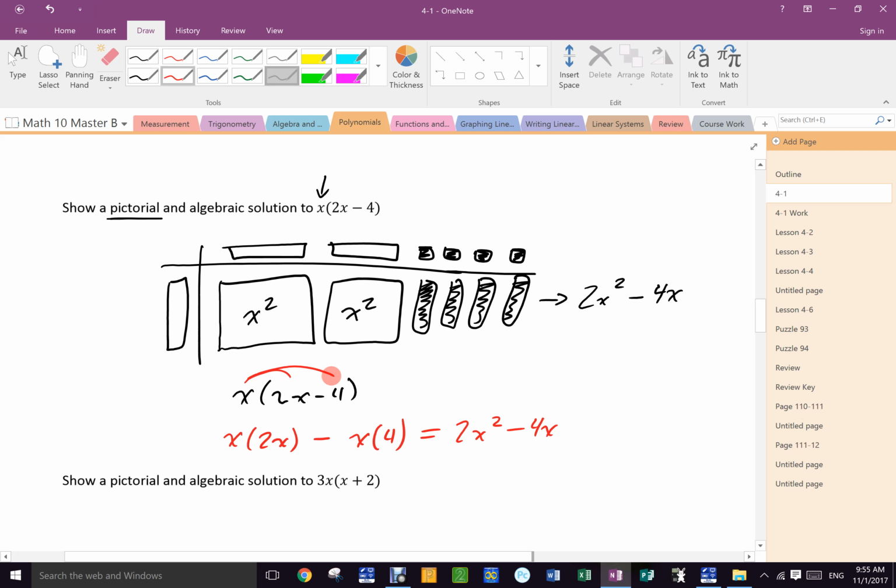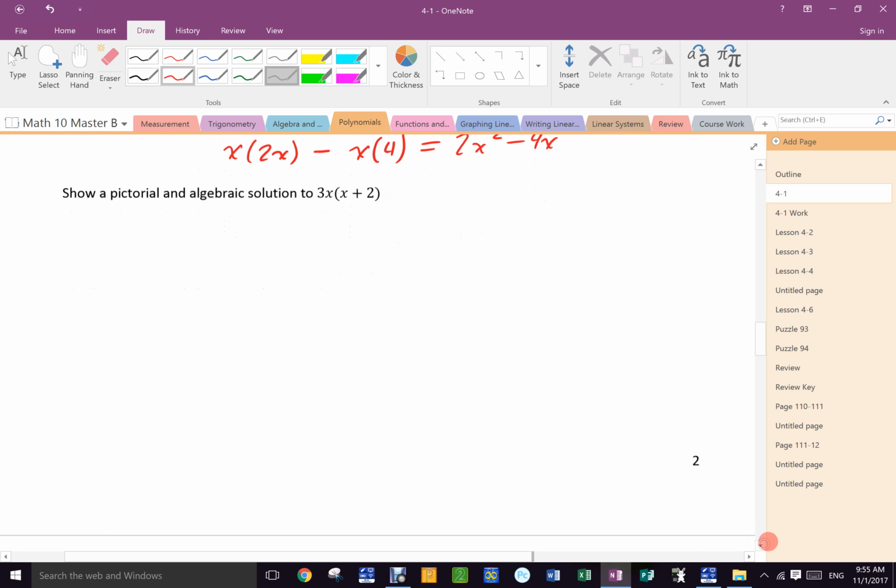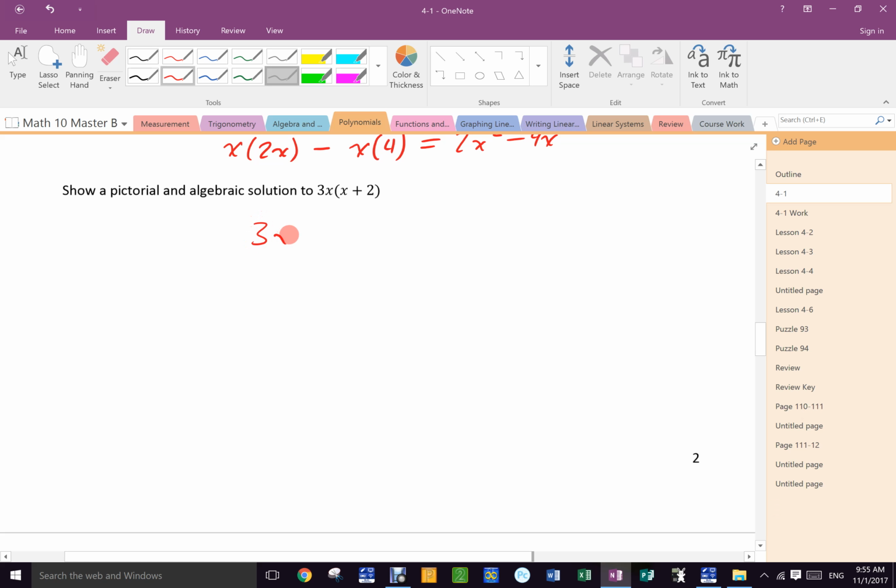Everyone is good? Great. Don't bother drawing a picture for the next one. Just tell me the answer. What does that equal? Three x squared plus 6x.